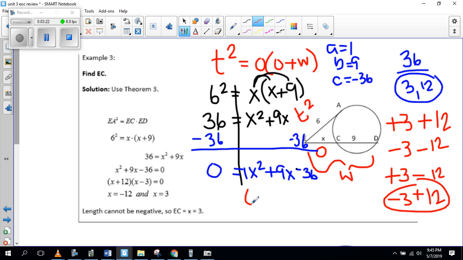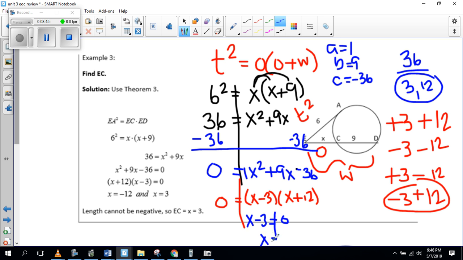So we got X minus 3, we got X plus 12. And remember, this is going to equal 0. So that's telling us we're solving this. We got to set each one of our answers equal to 0. So X minus 3 equals 0, and basically all it's telling us is change your signs.